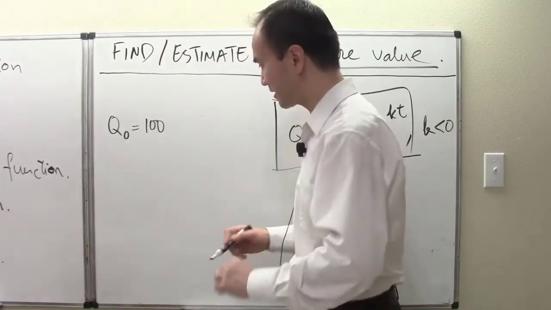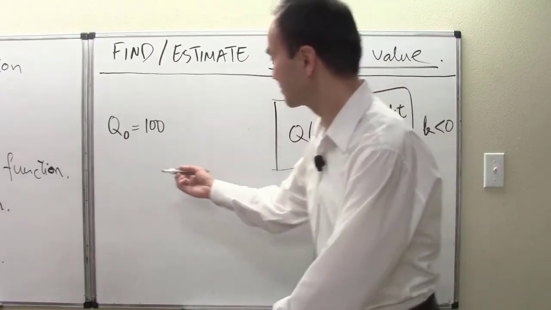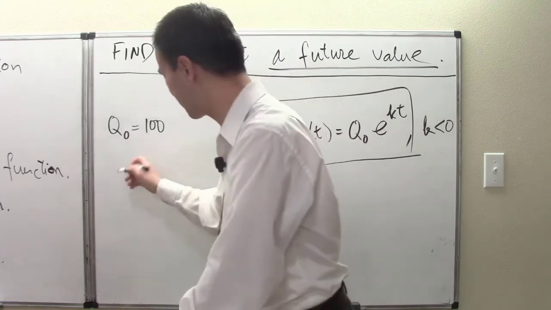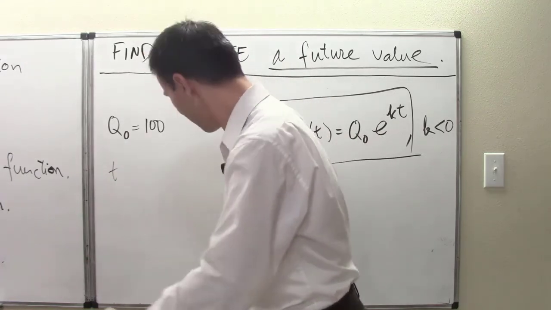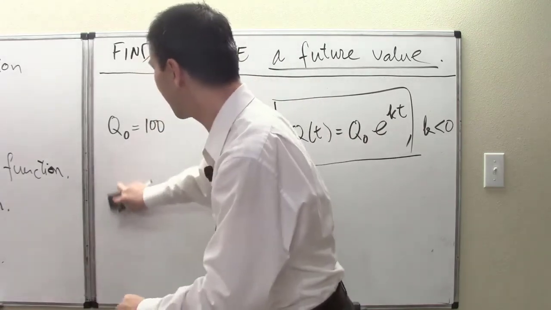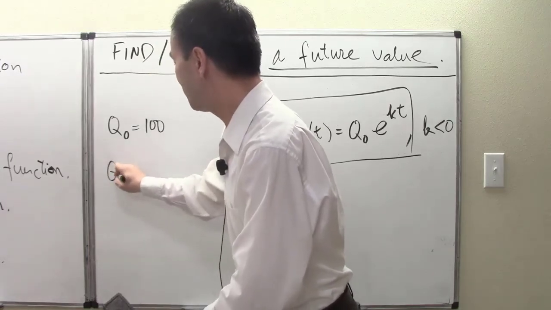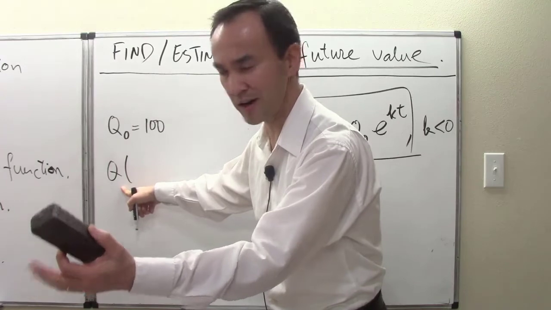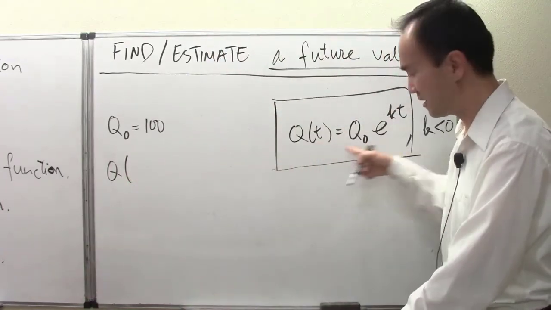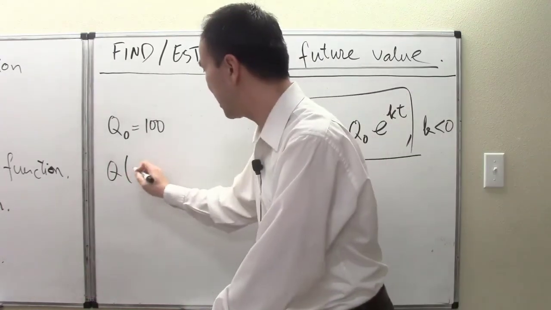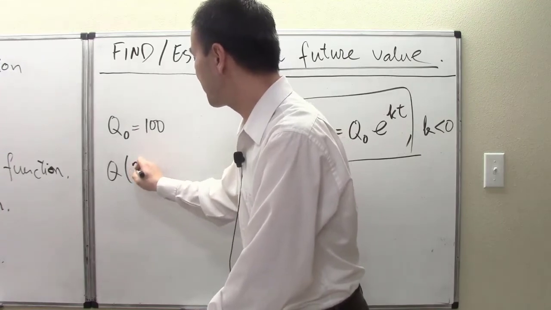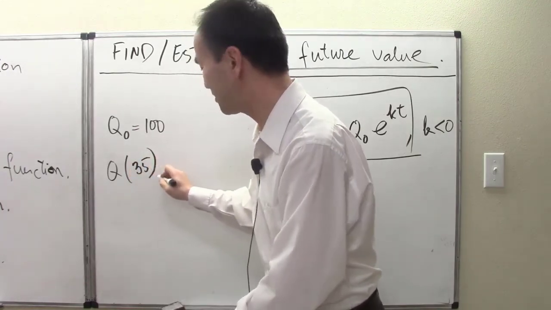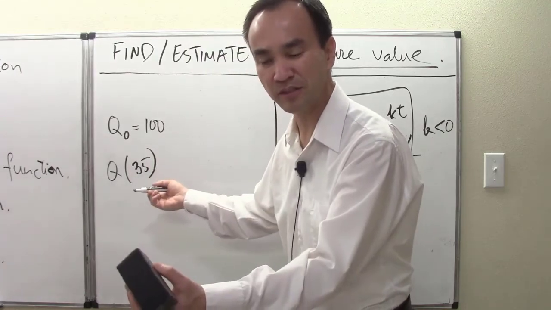That means, mathematically speaking, Q of t is the quantity in some t hours. This is our general function. But Q of 35, after 35 hours, we have 50 milligrams of the substance remaining.